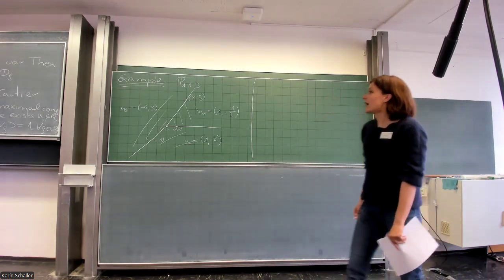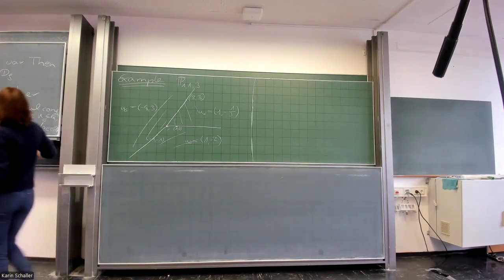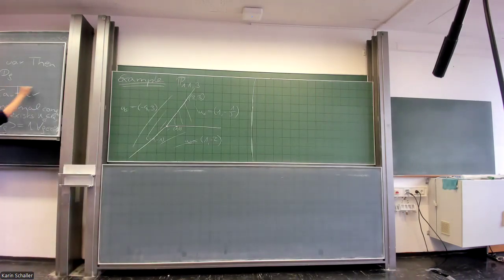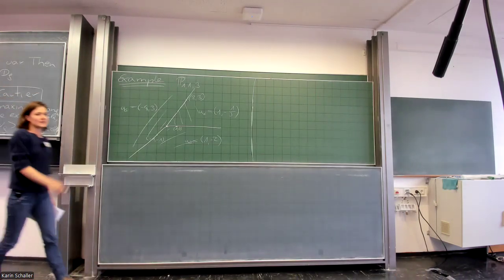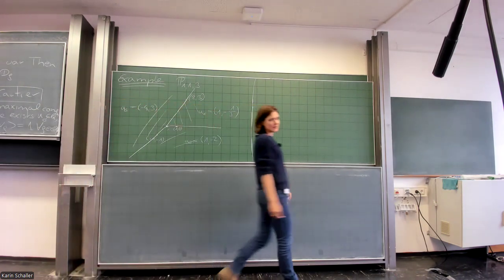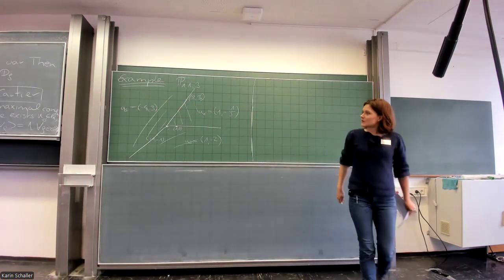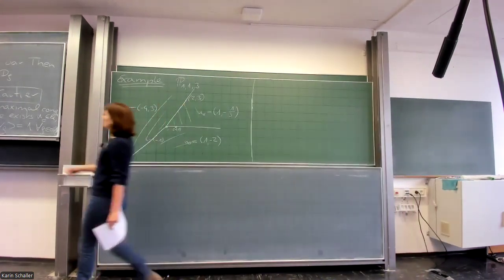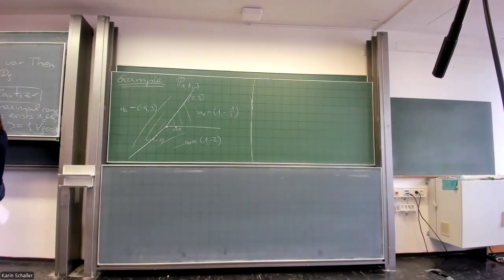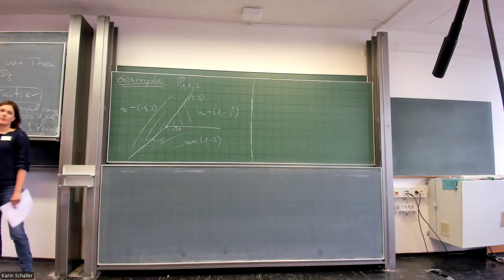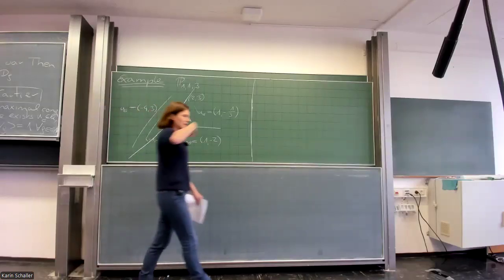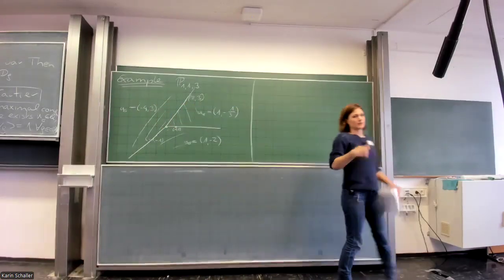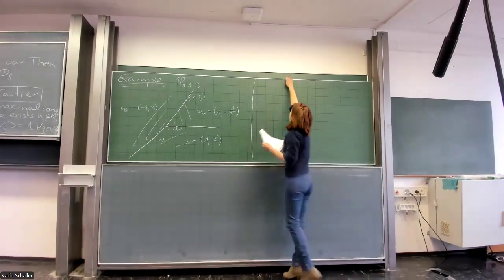Now, if I want to know something more about Q-Cartier divisors, I might be interested in the Cartier index, or more specifically in this case, the so-called Gorenstein index. So I ask the question: which is the minimal multiple of my anticanonical divisor such that it is Cartier and not just Q-Cartier?